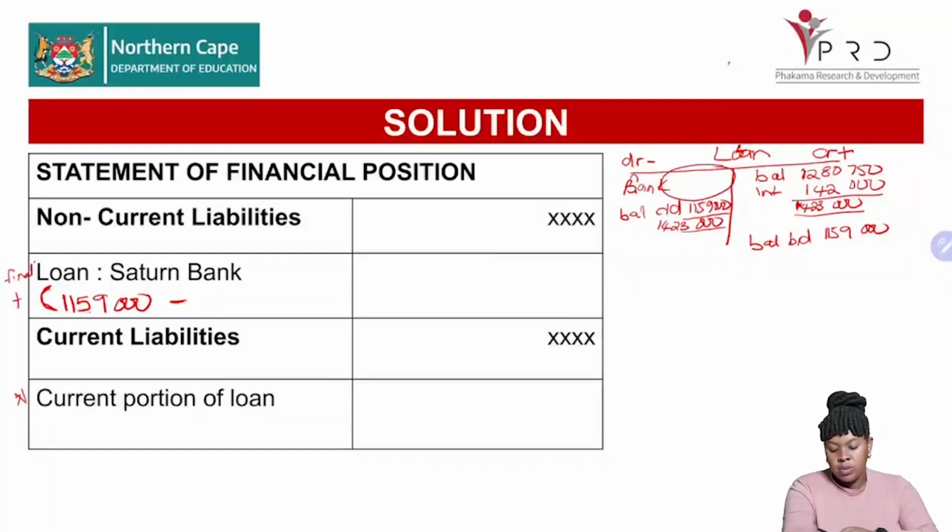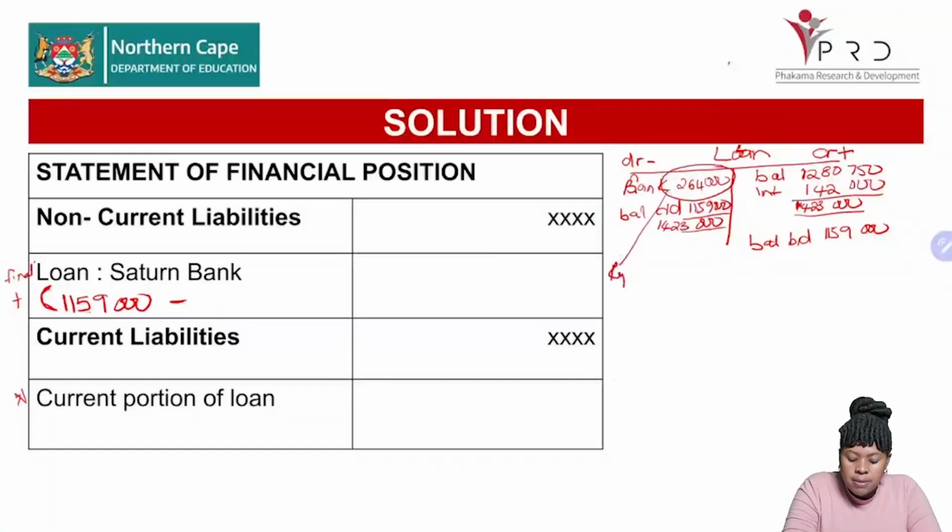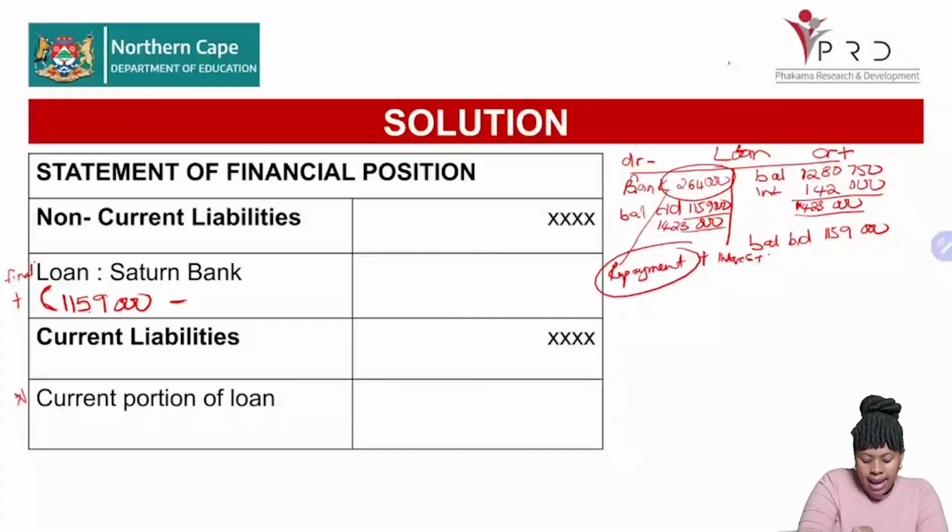Then I'm going to get my bank amount. My bank amount is 264,000, as you may have calculated. But what is this amount? It's my repayment plus interest. And what am I looking for? I'm only looking for my repayment so that I can subtract that amount from here. Over here, all I want is my repayment.